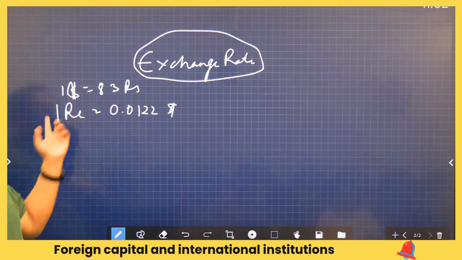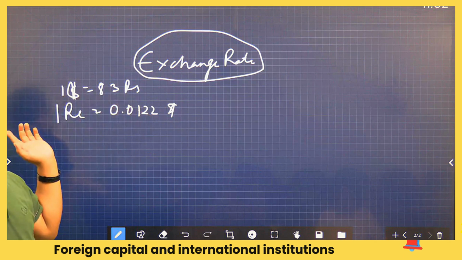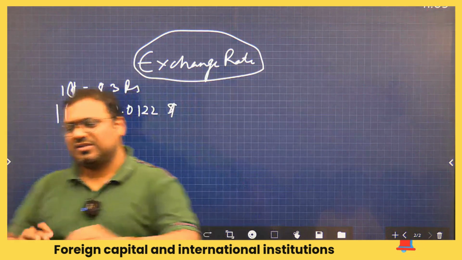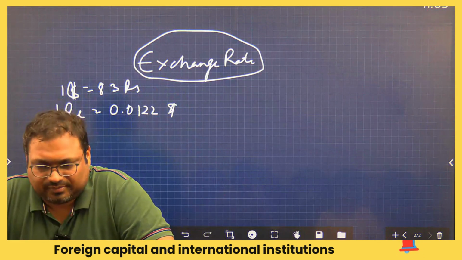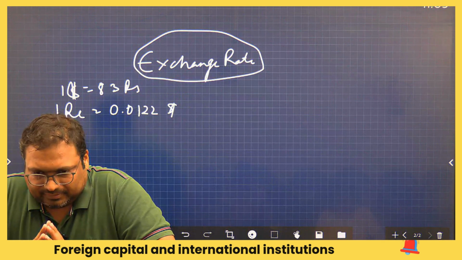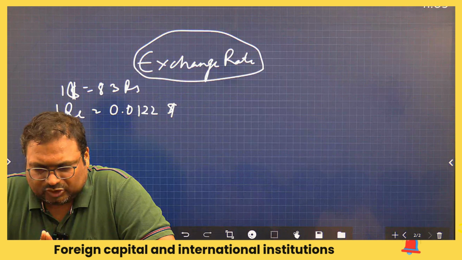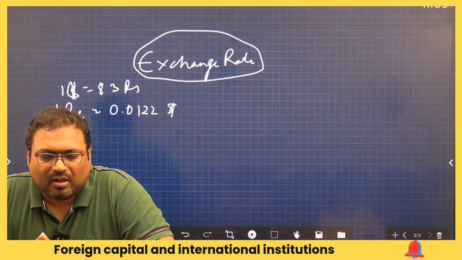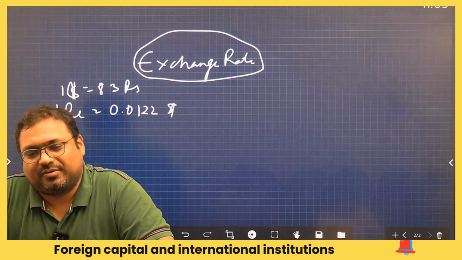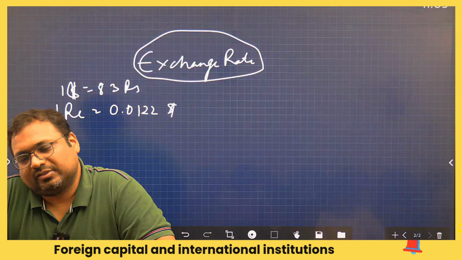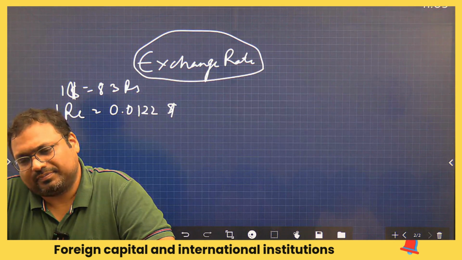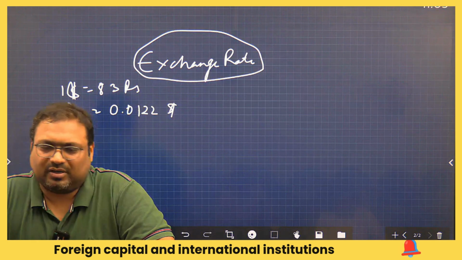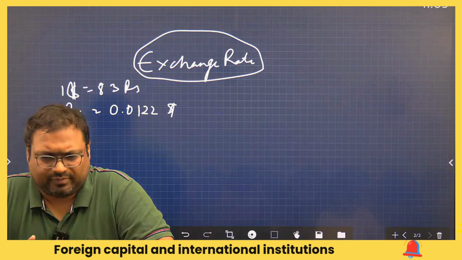And it is also bilateral because it is between two currencies. The day-to-day exchange rate we use for all practical purposes is bilateral nominal exchange rate. Underline this, bilateral nominal exchange rate. Okay? Just that you need to be aware of.